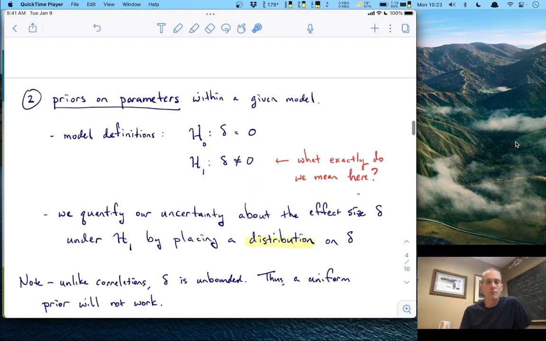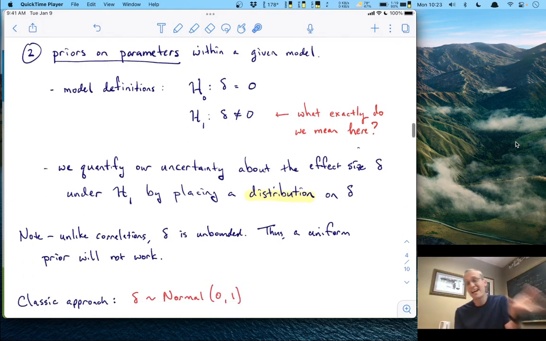So we have to be a little bit more clever about how we define a default prior in this case. The uniform prior will not work. And so there's a few classic approaches that I want to walk through the development of that will actually lead us to what the modern default prior for the t-test is.